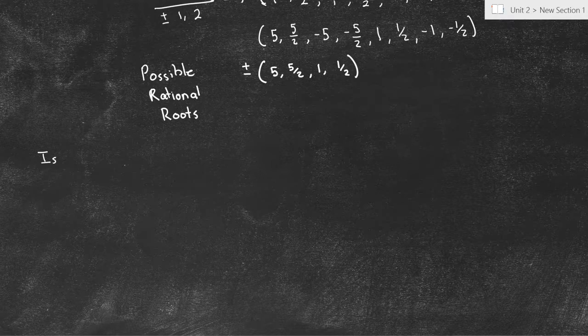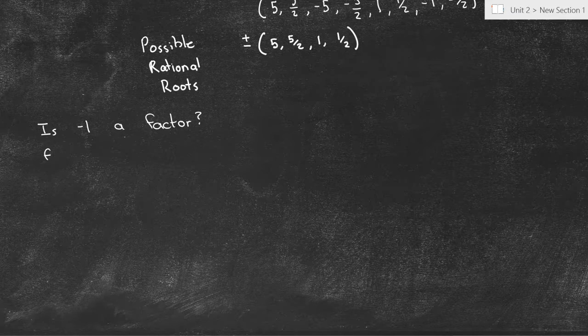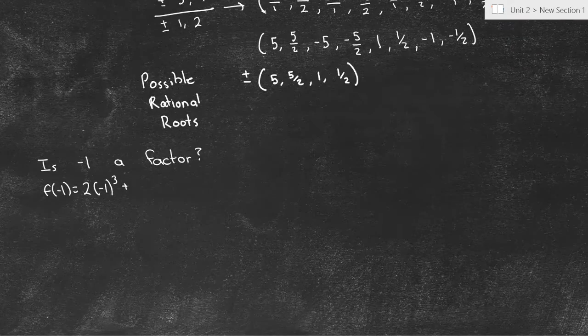So we'll start with, is negative 1 a factor? What we're looking for is if f of x is 0 when we use negative 1 as x, then it is a factor. So let's say we've got f of negative 1 equals 2 times negative 1 cubed plus 3 times negative 1 minus 5.